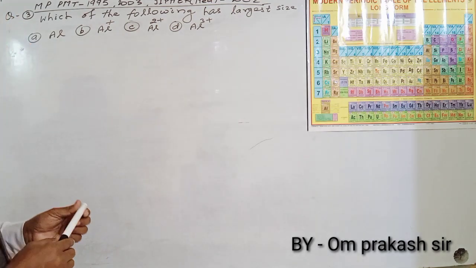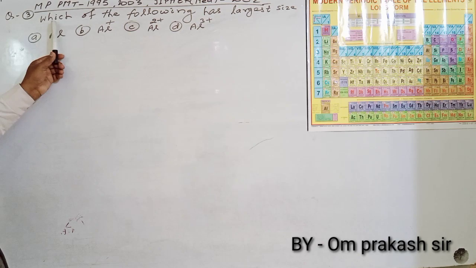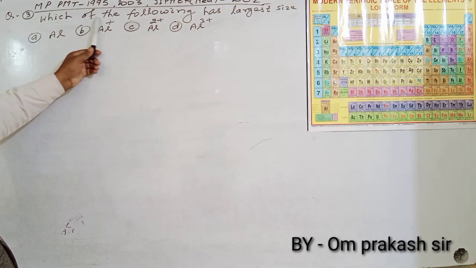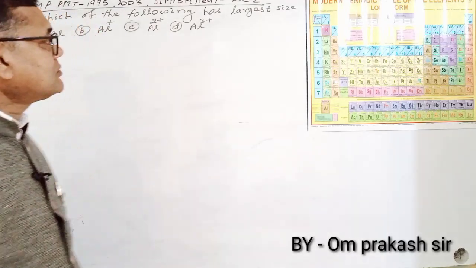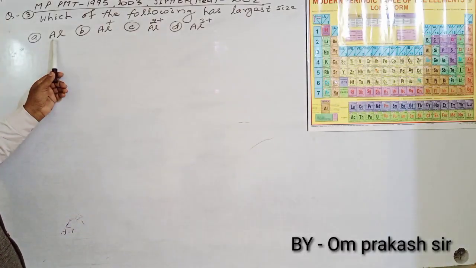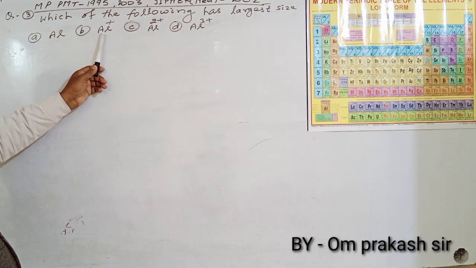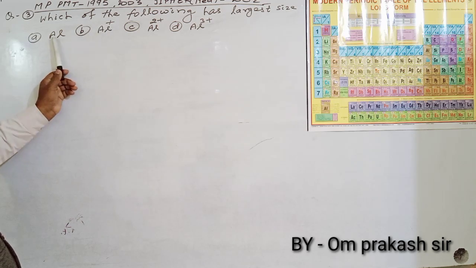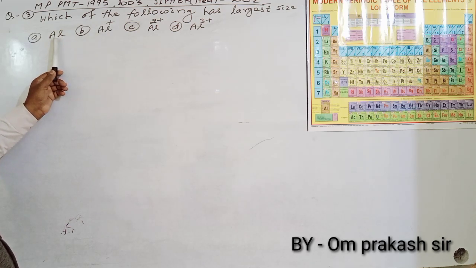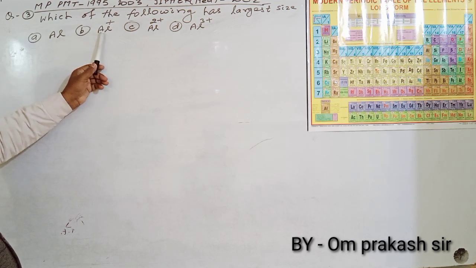In the question, which of the following has largest size? Aluminium atom has no charge. Aluminium ion has one positive charge. Therefore, the size of aluminium is greater than aluminium 1 positive charge.